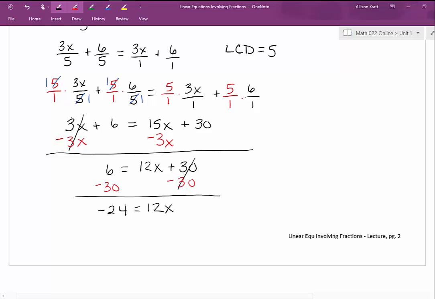And then my last step is to eliminate the coefficient of x. To eliminate that multiplication by positive 12, I'm going to divide both sides by positive 12. 12s cancel out, and 12 goes into 24 2 times, so this is going to give me negative 2 is equal to x.